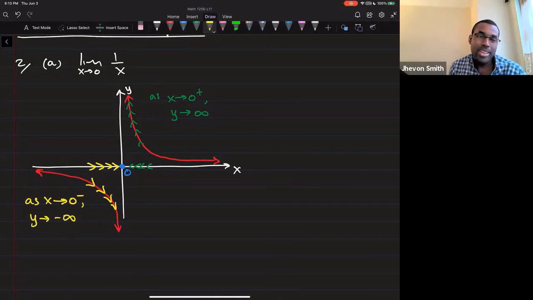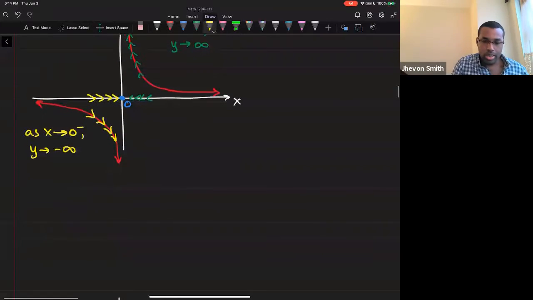Now, of course, the y value is never going to equal negative infinity because you can't be equal to negative infinity. But luckily for us, the limit doesn't care about being equal to anything. The limit cares about what you are getting close to. And this guy just gets closer to infinity in the sense that it keeps getting bigger and bigger and bigger, or smaller and smaller and smaller. And so we can describe it like that.